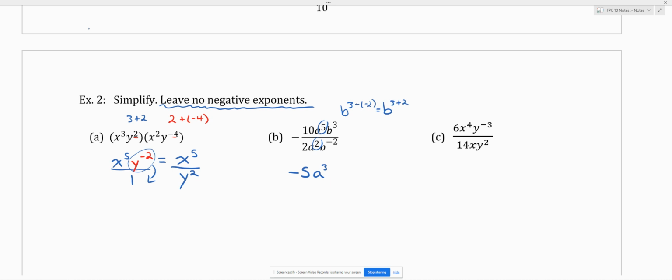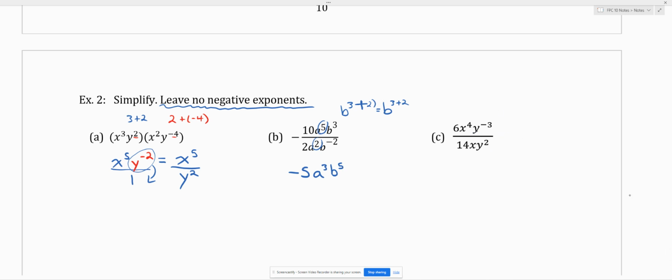Subtracting a negative is the same as addition. And so now I'm going to have b to the 5. And we're actually all done right there. We have negative 5, a to the 3, b to the 5. Subtracted the a's, subtracted the b's, everything ended up positive. We're done. Moving on to C.